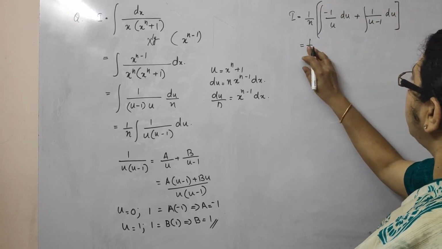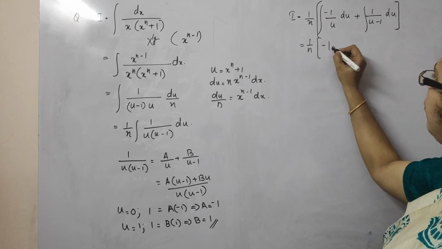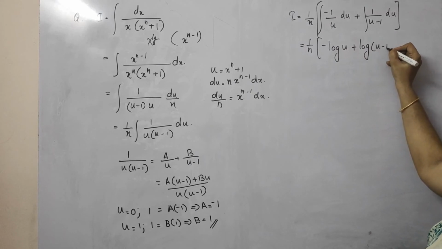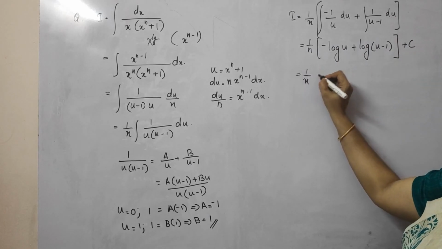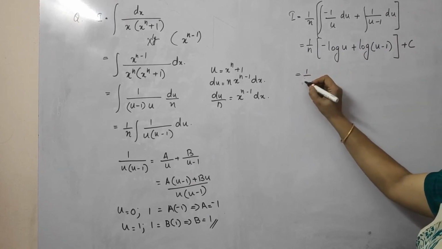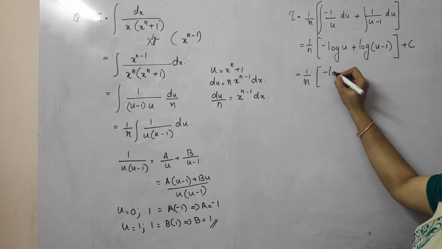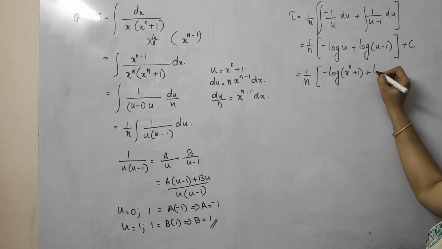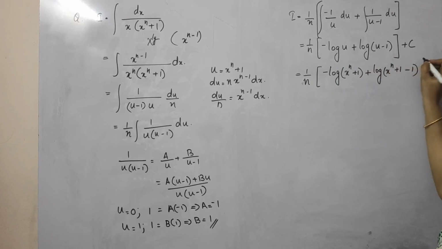So 1 by n into minus log u plus log of u minus 1, plus c. That is 1 by n into, mustn't I resubstitute? So 1 by n into, bracket open, minus log of x raised to the power of n plus 1, plus log of x raised to the power of n plus 1 minus 1, because u is what? x raised to the power of n plus 1, isn't it?